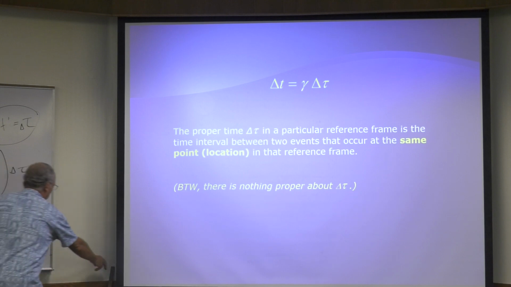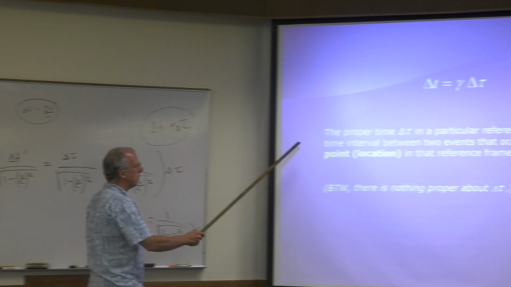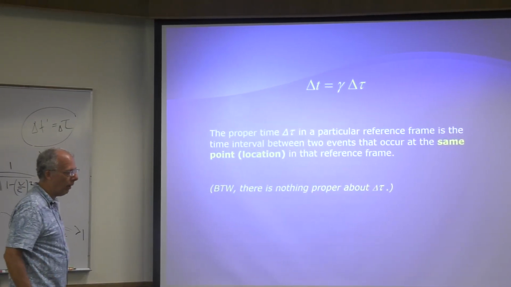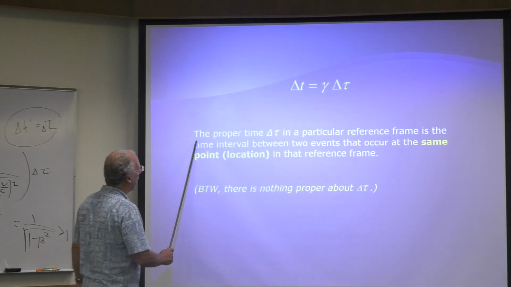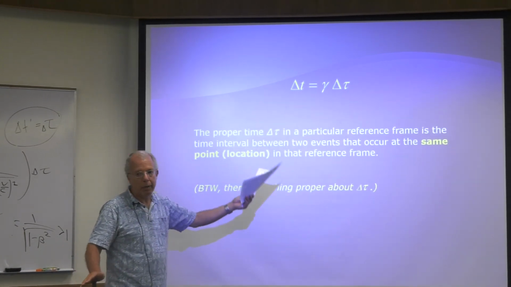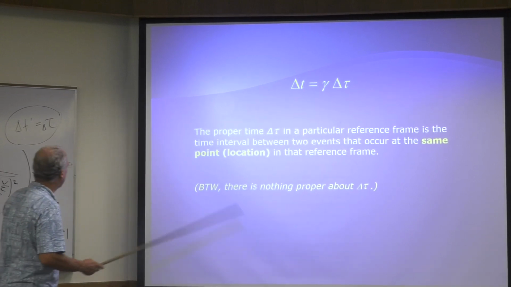This delta tau, or delta t prime, is called the proper time. There's nothing proper about it. When you say proper, you think it's superior or something special. It's not. It's just the time measured in an S prime reference frame.